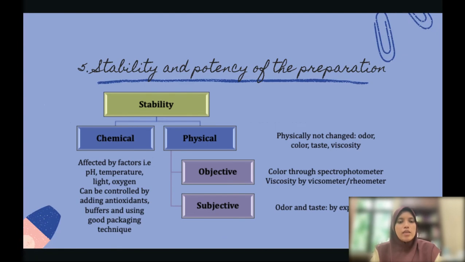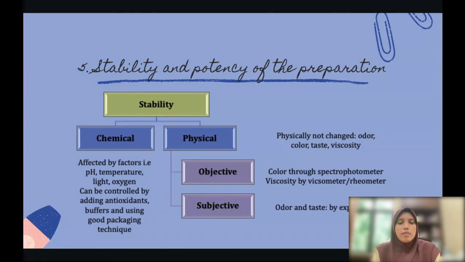Okay, so this can be controlled by adding antioxidants, buffer, and using good packaging technique. The physical stability can be evaluated by looking at the product, by looking at the changes in color, taste, viscosity of the product, and also the odor.